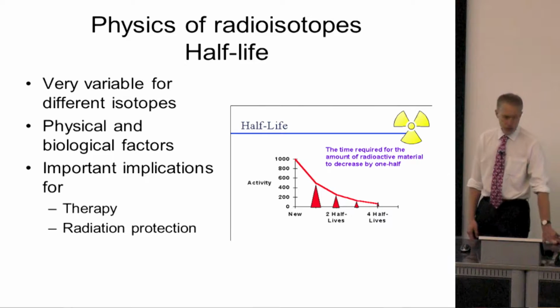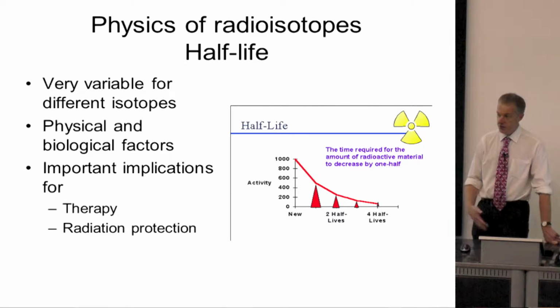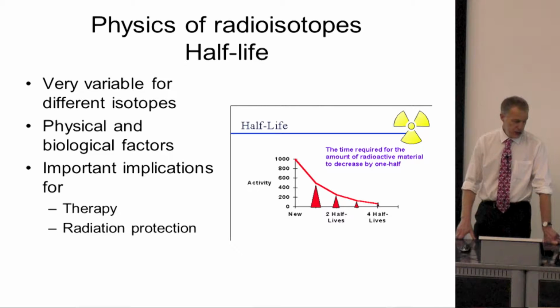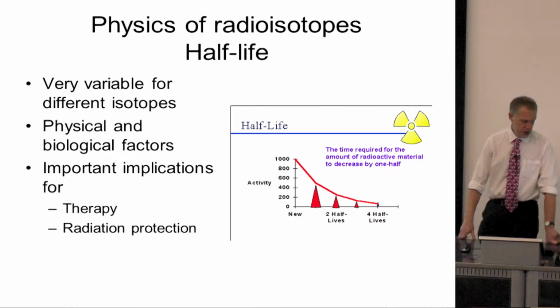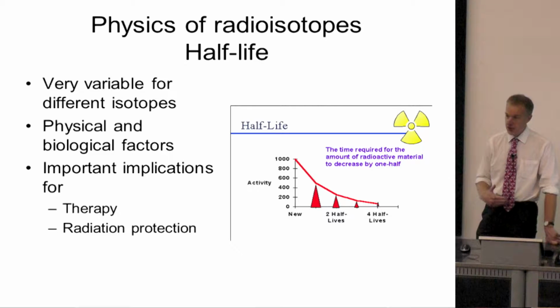The other thing that's really important to understand when you're giving a patient an isotope is the half-life of the isotope. So this is essentially the time that it takes for the activity to fall by a half. This is very variable between different isotopes, but obviously has significant implications for how much radiation you're exposing the patient to.